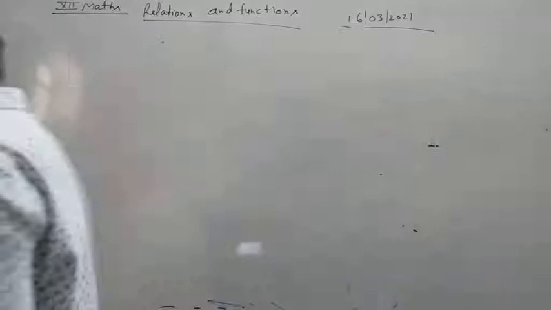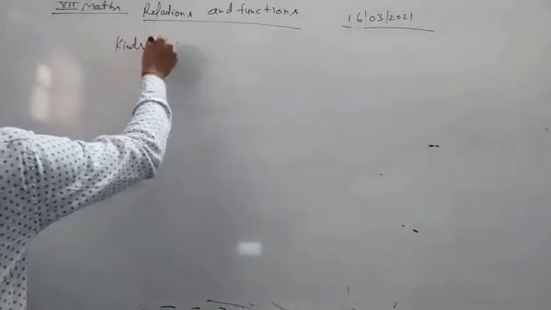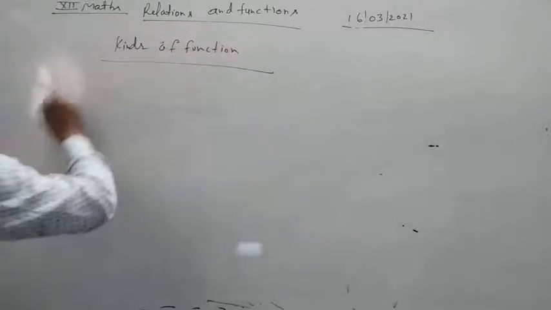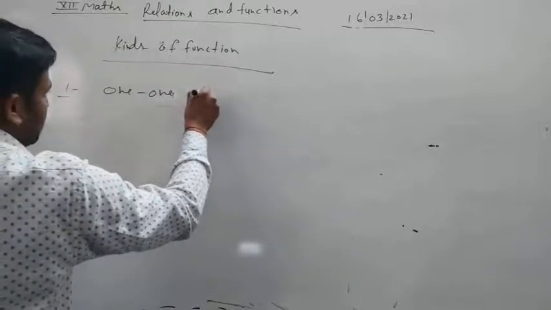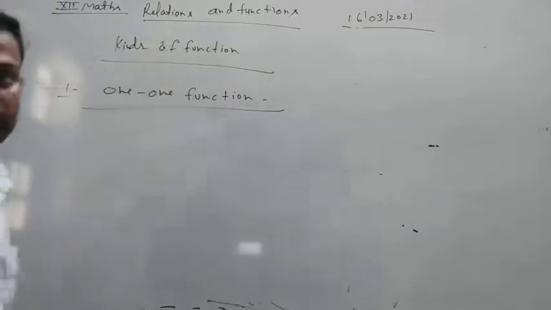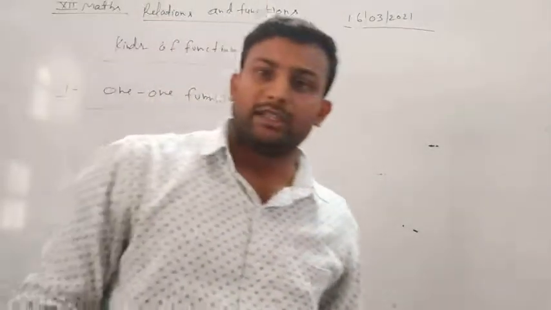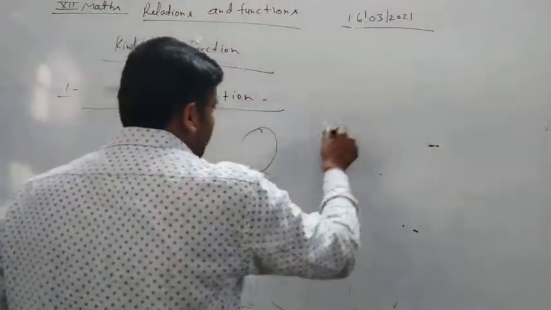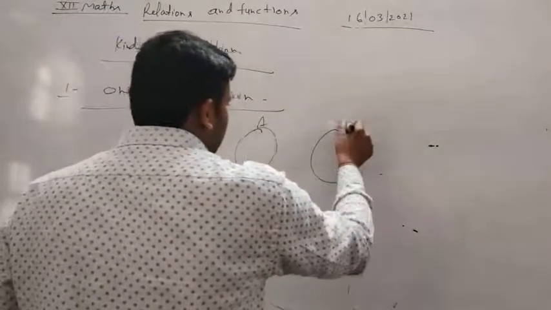First, one-one function. So student, what is a one-one function? If A and B are two non-empty sets, then each element of set A is uniquely related with an element of set B, this is called a one-one function.